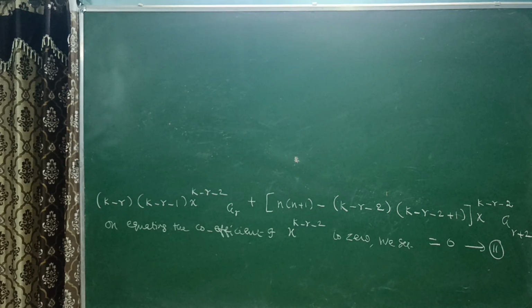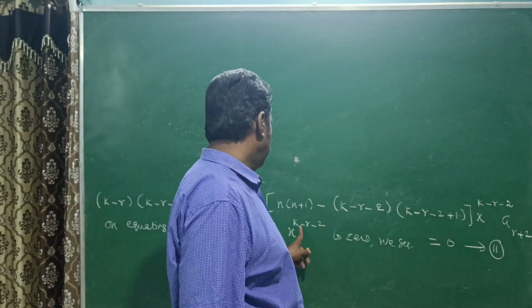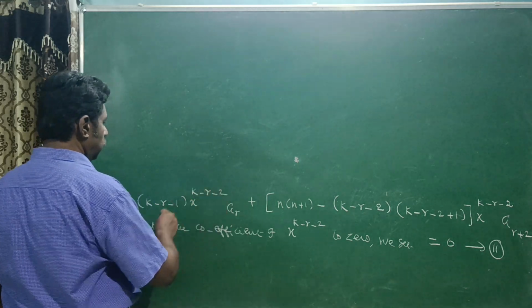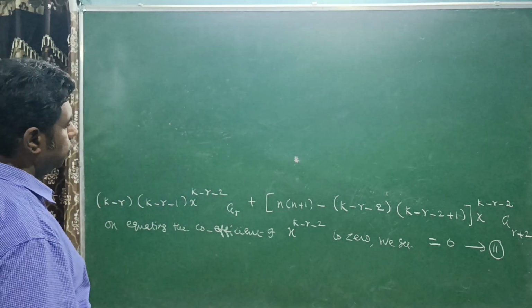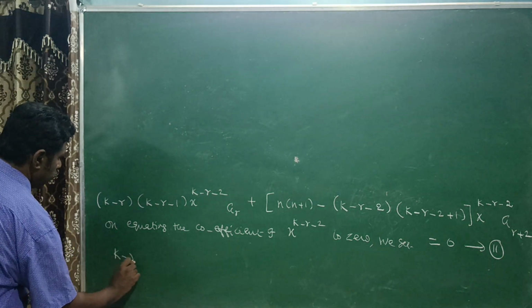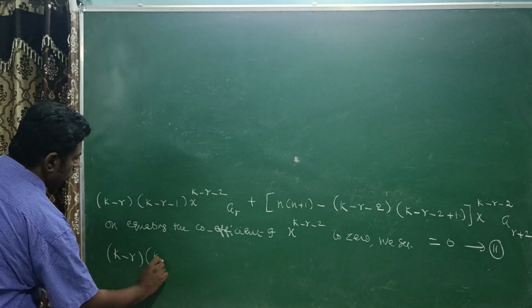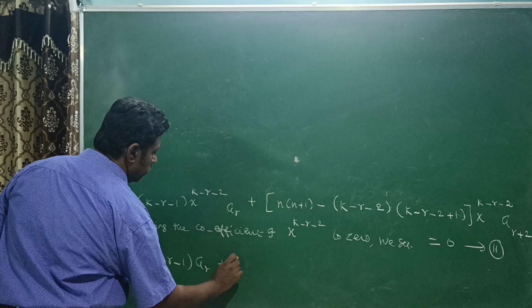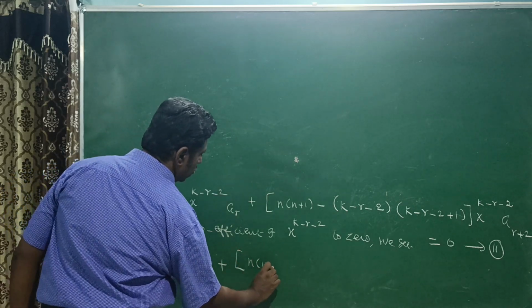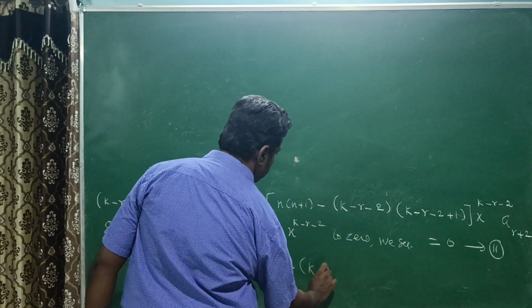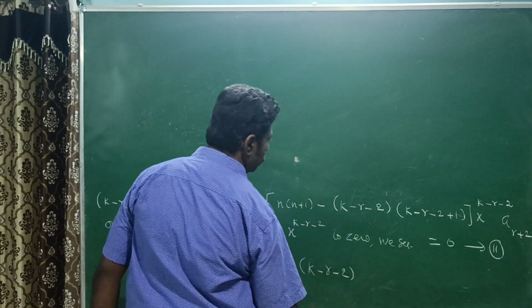On equating the coefficient of x power k minus r minus 2 to 0, we get k minus r into k minus r minus 1 into ar plus n into n plus 1 minus k minus r minus 2.